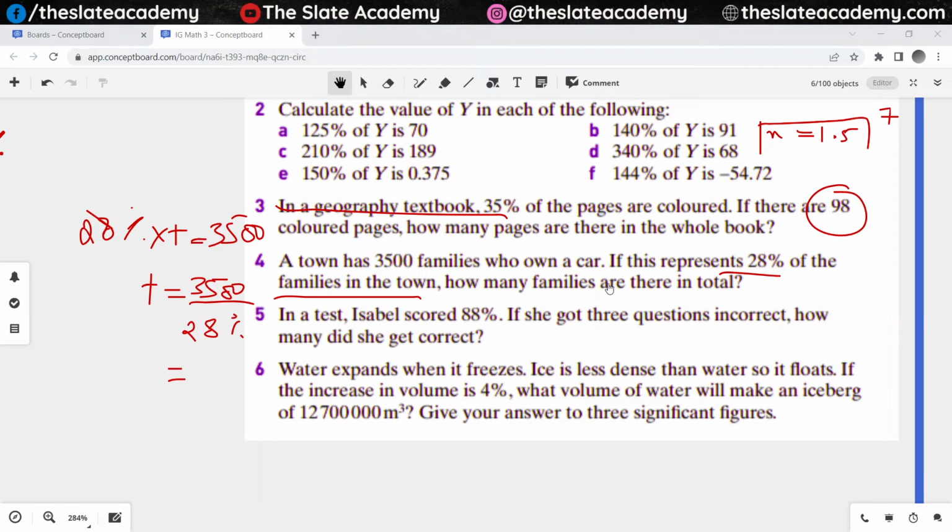What is 3,500 divided by 28%? Sir Arman, 3,500 into 100 by 28. 100 by 28 into 3,500, not 350. So this would be 12,500.